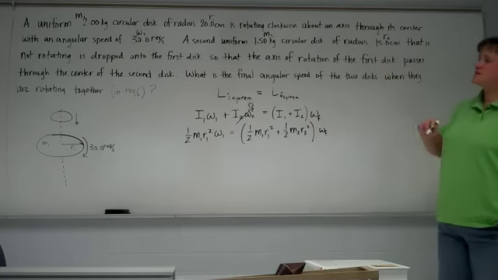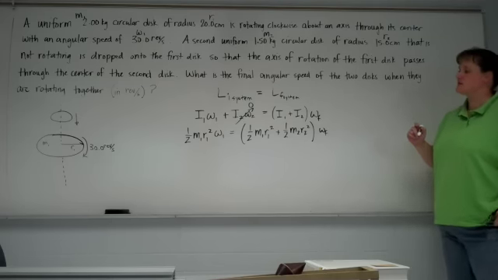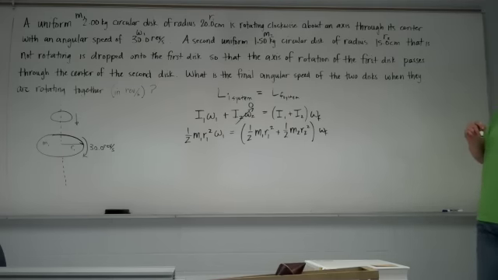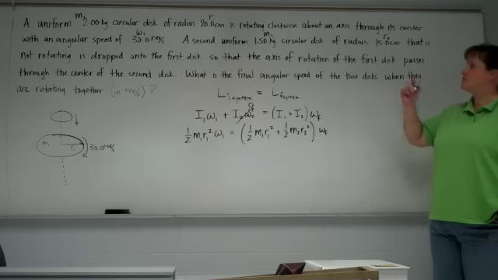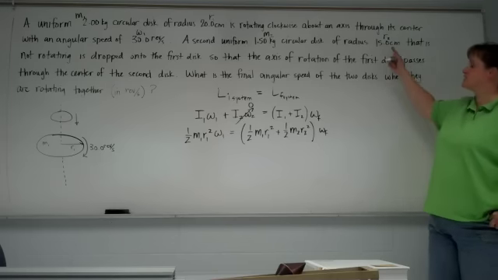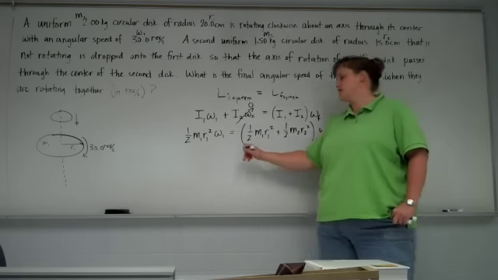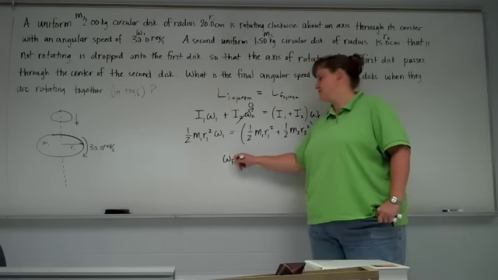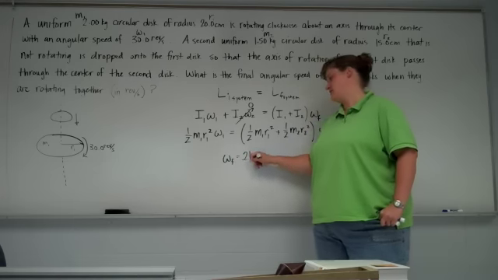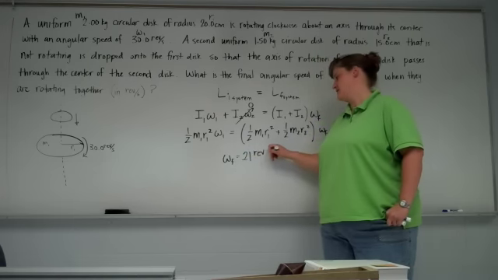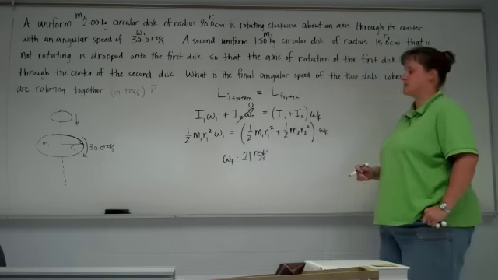We know m1 is 2 kilograms, r1 is 20 centimeters, omega 1 is 30 revolutions per second, m2 is 1.5 kilograms, r2 is 15 centimeters. Plugging and chugging through there, the final angular speed ends up being 21 revolutions per second.